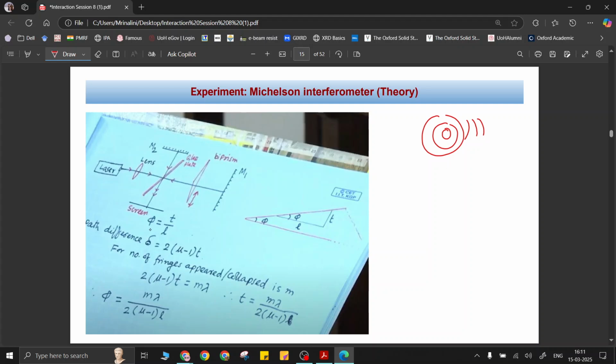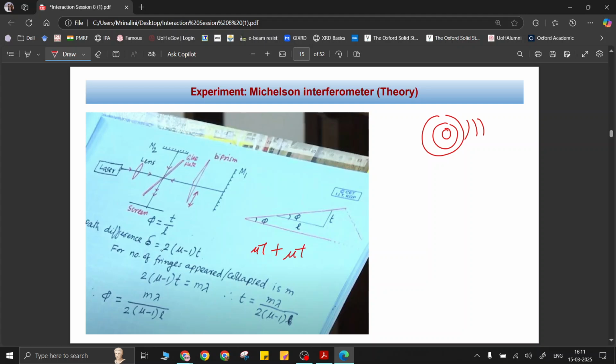So when we do this, the path difference will become 2(mu minus 1)t. Why? Because the thickness of this biprism at this particular point through which the light is passing is t, and the light passes through it once, so that is mu t, because the refractive index is different. So the additional path is mu t when it's going in one direction, then it's coming back, so again it's traveling mu t.